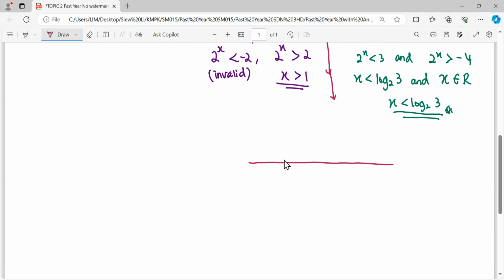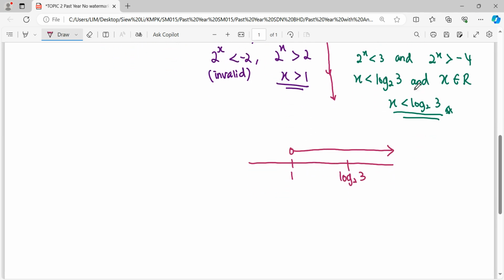We can see our number line. So log 2 of 3 means more than 1. So this is our log 2 of 3. x is more than 1 from the left hand side answer here.